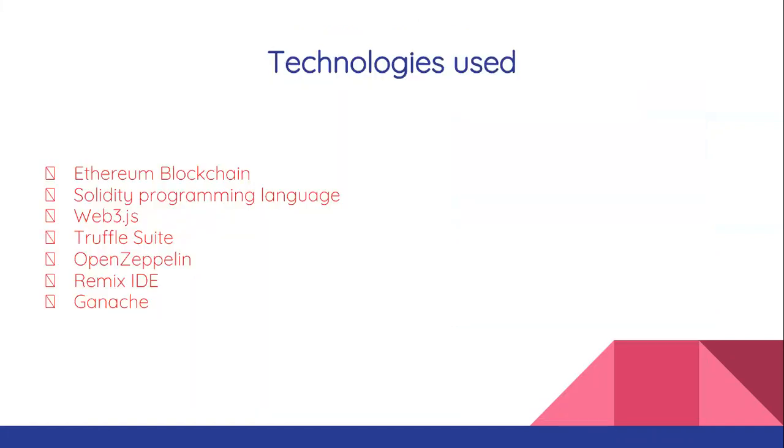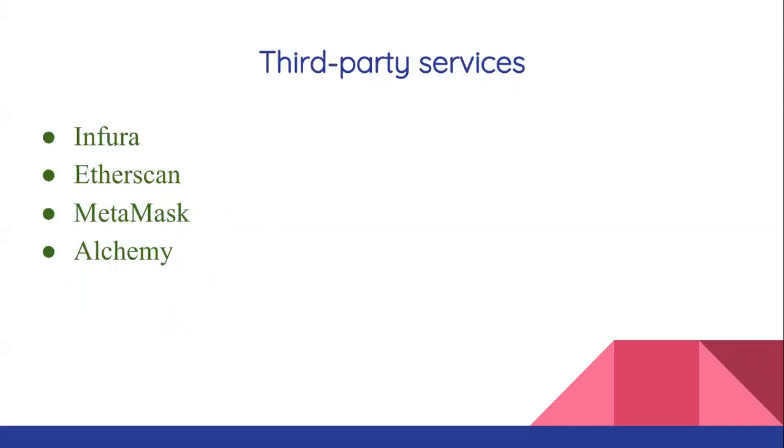Technologies that have been used include the Ethereum blockchain, Solidity, Web3.js, Truffle Suite, OpenZeppelin, which is a library, the Remix IDE, and Ganache, which is used for testing on the local network. Third-party services are Infura, Etherscan, MetaMask, and Alchemy.